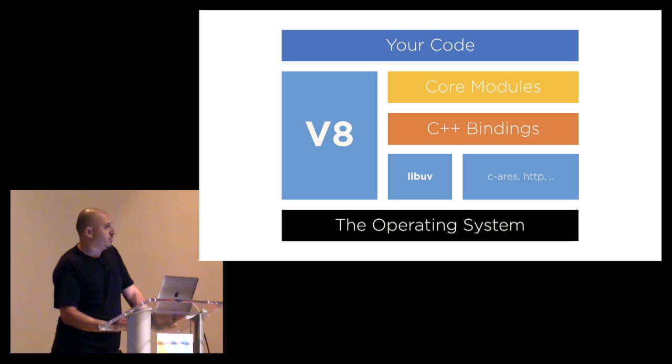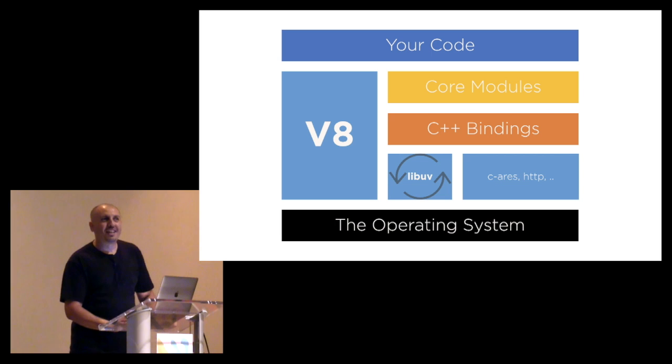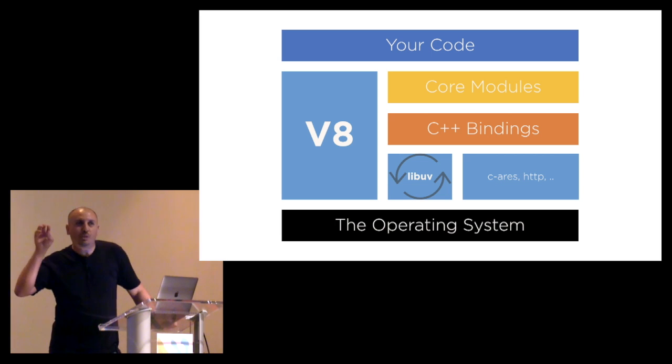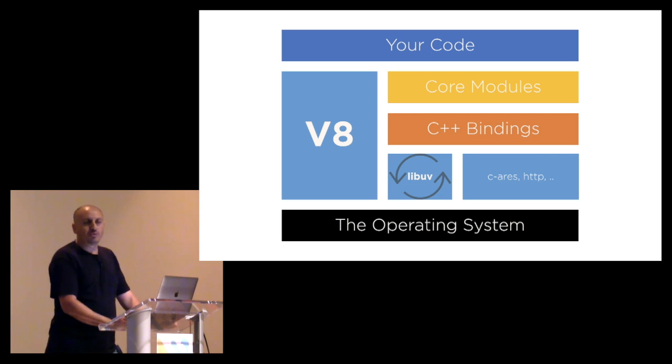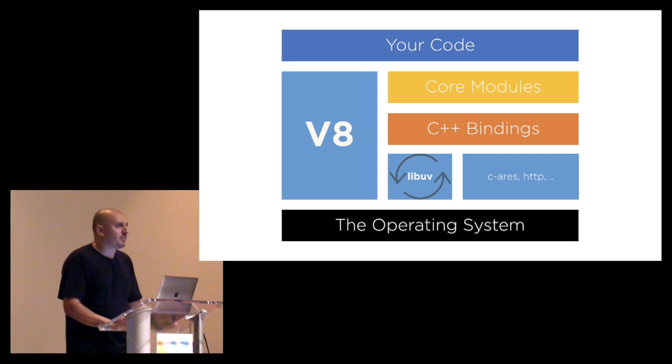The event loop is, who wants to shout out an answer? Nope. libuv. The event loop is in this libuv library, which is an abstraction just to provide the event loop, among a few other things. But it's totally not part of V8.